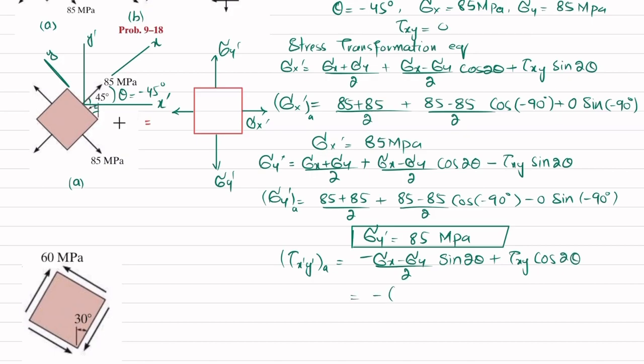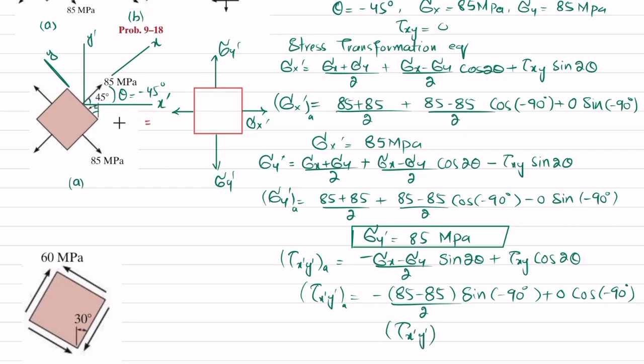So put the values: minus 85 minus 85 divided by 2 into sine of minus 90 degrees plus 0 into cos of minus 90 degrees will give you tau of x dash y dash for case A. When you calculate it, this comes out to be 0. It means that there is no shear stress in this condition. So we have only sigma x dash and sigma y dash, which we have calculated. Both come out to be 85 megapascal.